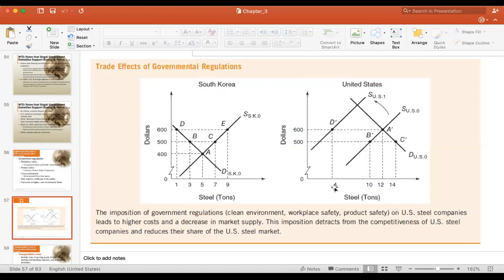So obviously what regulations do is increase trade. It increases exports and imports, but at the expense of one country. In other words, the exporting country will become a lot better off, and the importing country is going to be worse off as a result of regulations, because domestic production will be reduced.